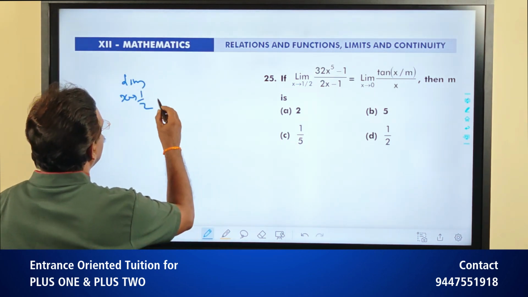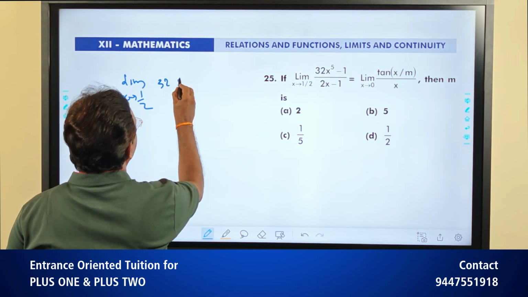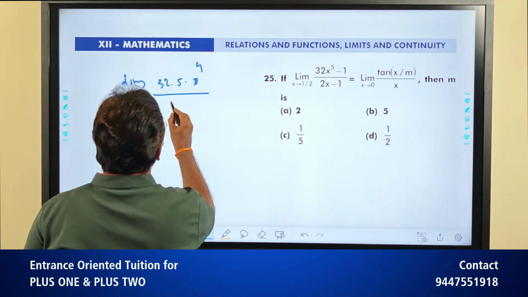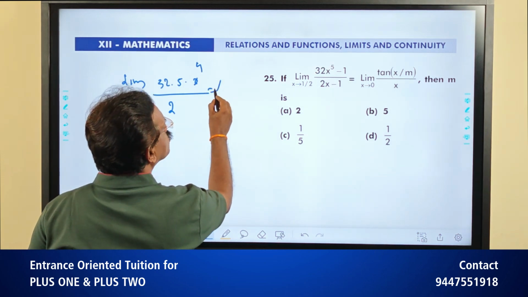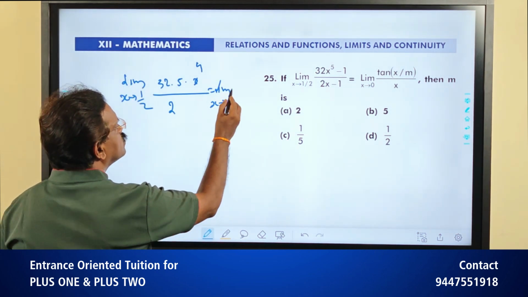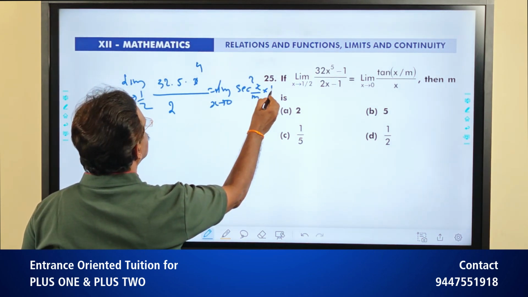So when you differentiate numerator and denominator, 32 into 5 into x to the power 4 divided by 2x minus 1 is 2 equal to limit x tends to 0 tan x by m derivative sec square x by m into 1 by m.